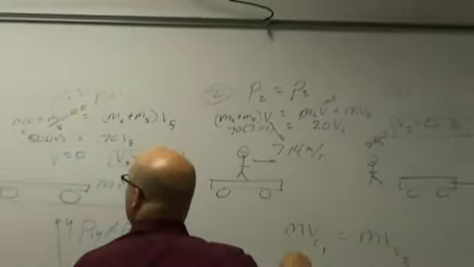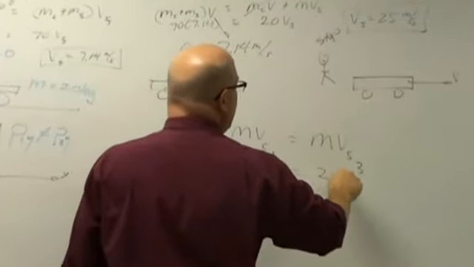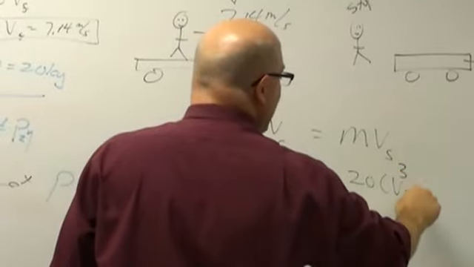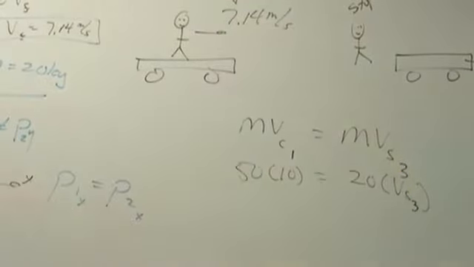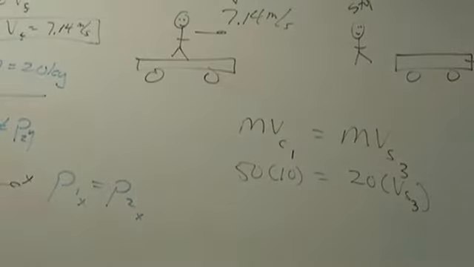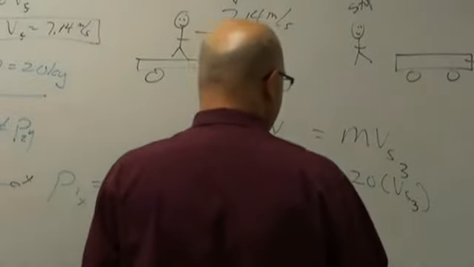So 50 times 10 must equal 20 times the final velocity of the skateboard. So 50 times 10 is 500, divided by 20 gives you 25.